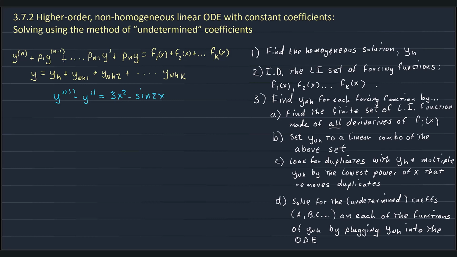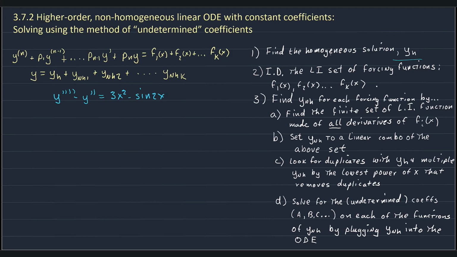So we have two forcing functions that you see on the right hand side. And you'll notice that I've jotted down an instruction set that we're going to talk through as we work through this problem. So the first part is to solve the homogeneous problem, find the homogeneous solution. So let's do that here.